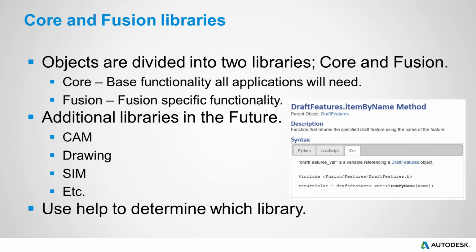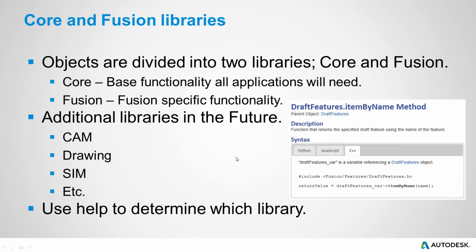So to figure that out, it's just in the help. Although as I was just preparing for this, the help could use some help, because it's not really called out explicitly, and I'm going to add that for the next release.